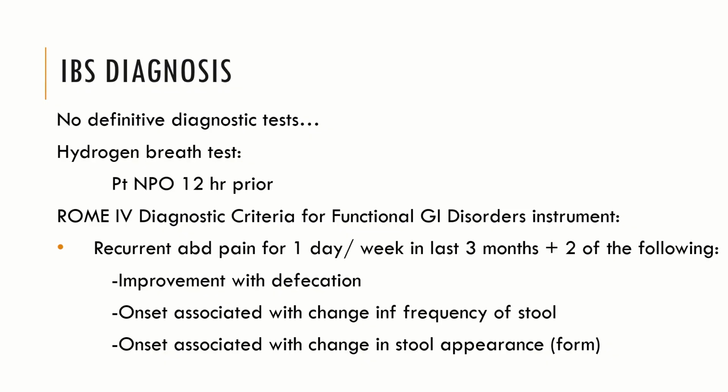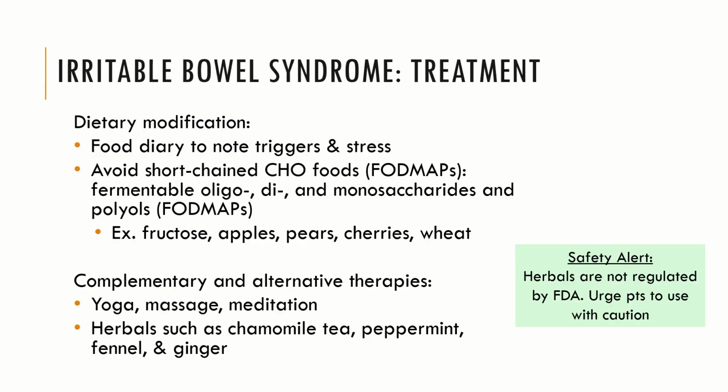So it has to have abdominal pain at least 1 day a week in the last 3 months, and then 2 of the 3 bullet points below. If that doesn't make sense, reach out to me or look up the Rome diagnostic criteria on your own, but it is pretty laid out for physicians to be able to diagnose this based on this instrument and the manifestations a patient is presenting with.